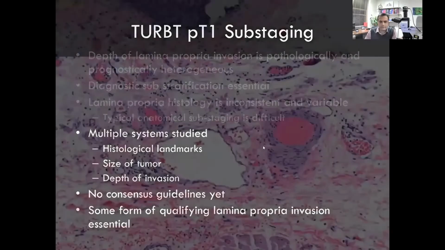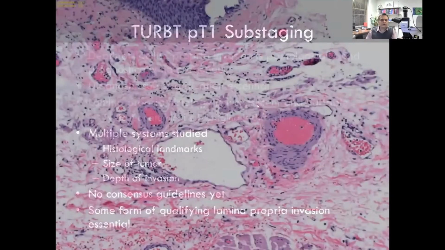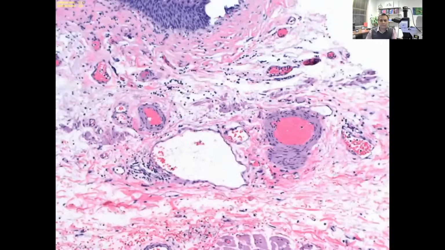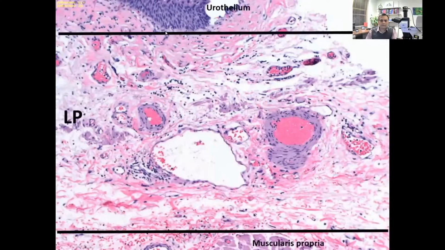So the way I do it is like this. So here you can see an example of the lamina propria, this urothelium on top, and then you find muscularis propria in the bottom, and in between is first the lamina propria. And I have pointed out the bundles of muscularis mucosa bundles over here.